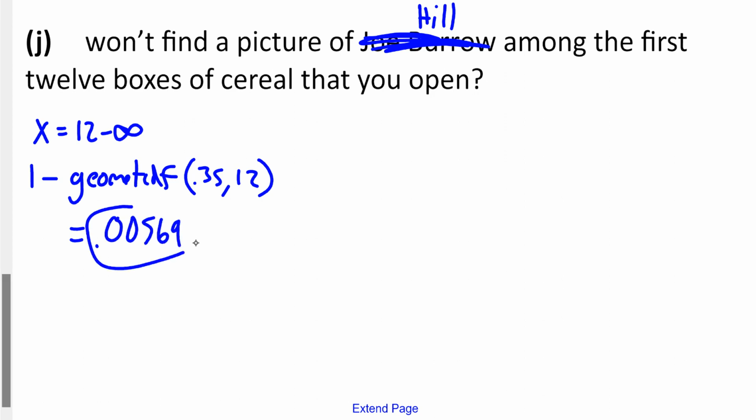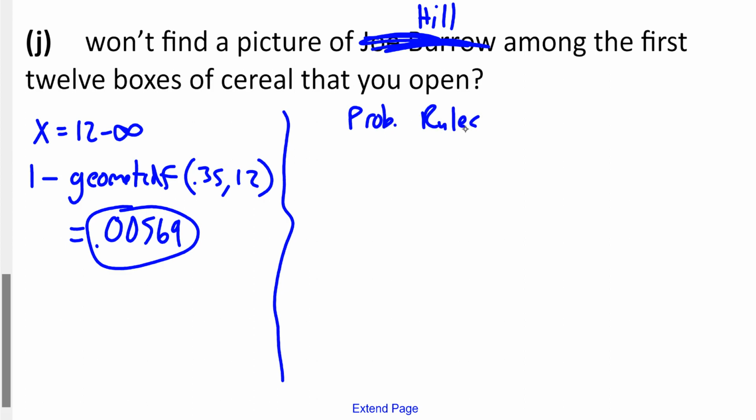But that's not the only way, and this is what I've had people ask: how do I know what distribution to use? Well, you could theoretically just use probability rules. Knowing that it's got to be a fail 12 times in a row, that would be 0.65 twelve times in a row.